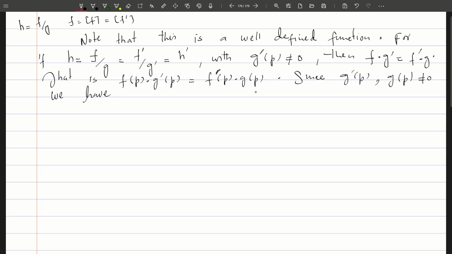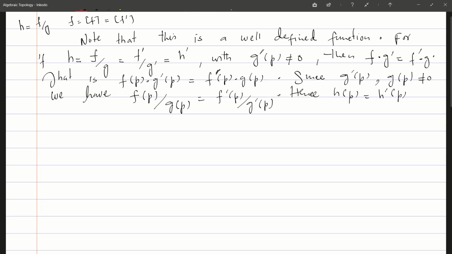So we get f(p) divided by g(p) is equal to f prime(p) divided by g prime(p). So this implies that h(p) is the same as h prime(p). That means the function which we defined above is a well-defined function.